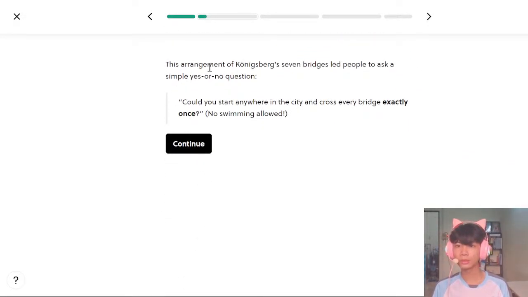This arrangement of seven bridges led people to ask a simple yes or no question. Could you start anywhere in the city and cross every bridge exactly once? No swimming allowed.